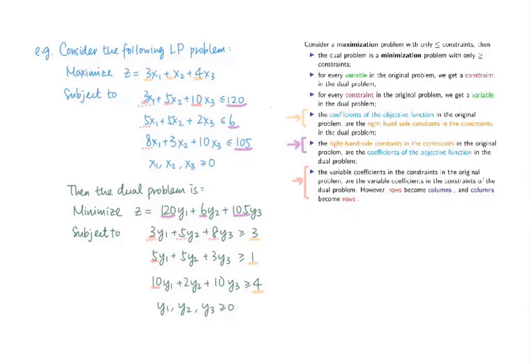The last point, the variable coefficients in the constraints in the original problem become the variable coefficients in the constraints of the dual problem, but the rows become columns and the columns become rows. You can double-check these conditions by yourself.